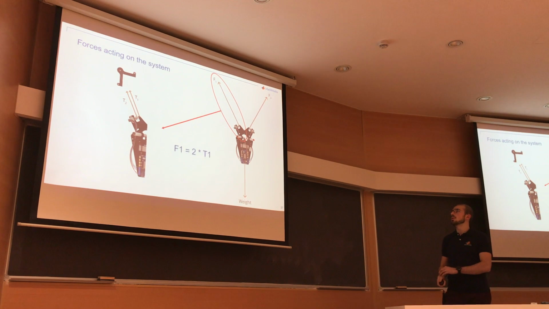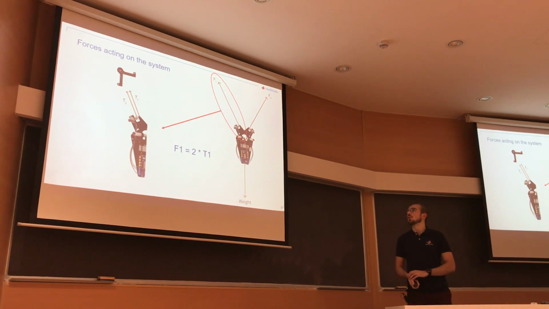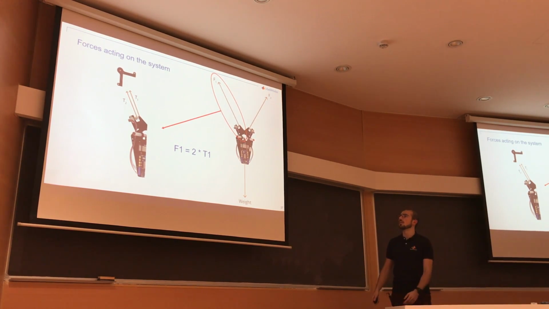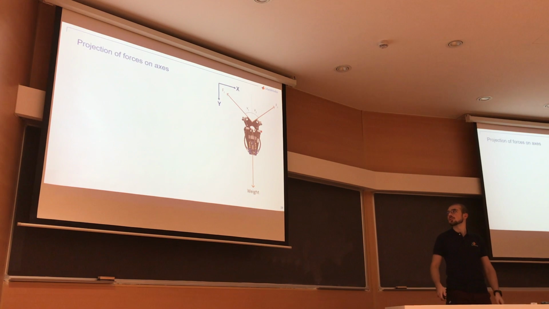And this is important because F1 is equal to 2 multiplied by T1. So we have two forces that are half of the composite one. Okay, keep this in mind. Later you will understand why it's important.